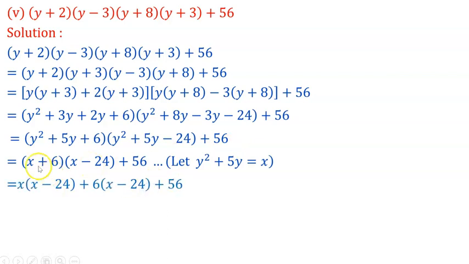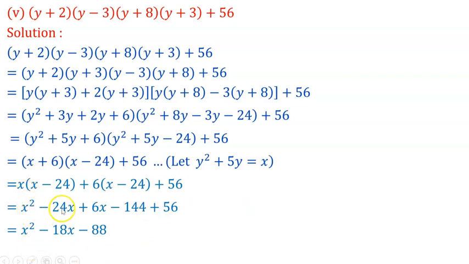Now the product of these two brackets: x(x - 24) + 6(x - 24) + 56. Then x² - 24x + 6x - 144 + 56. Then x² - 18x - 144 + 56, you will get x² - 18x - 88.